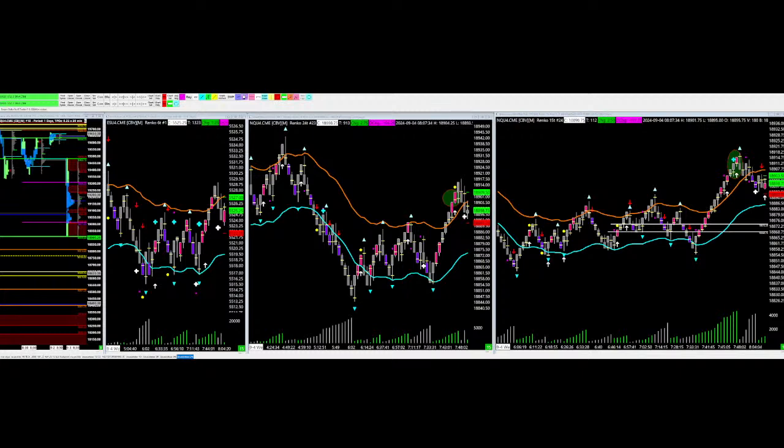Settings. Identify one. Okay, there. Now I can actually see that.